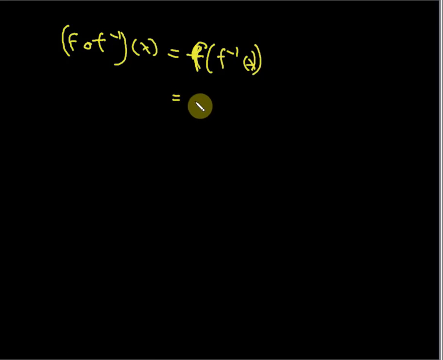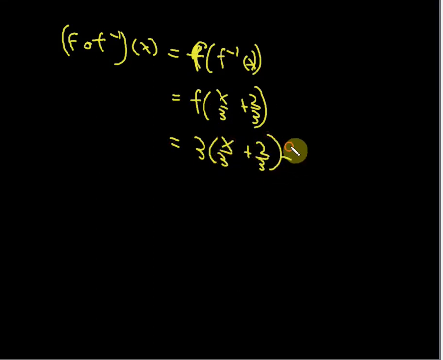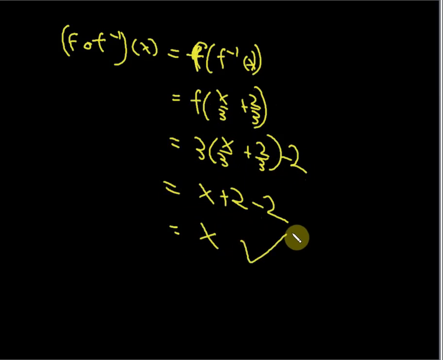Okay, so now we have f of x over 3 plus 2 over 3. And we have 3 times x over 3 plus 2 thirds minus 2. And we have x plus 2 minus 2 is equal to x. And so yes, this is the inverse.